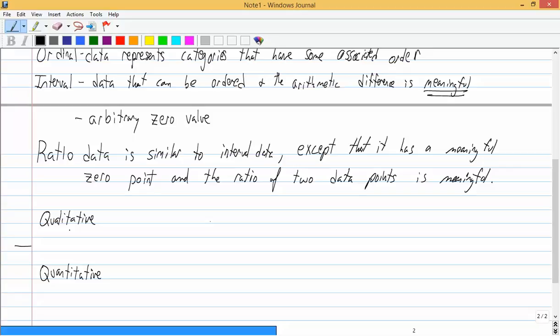That's 2 ways to categorize data. So qualitative data is usually measured on the nominal or ordinal scale.